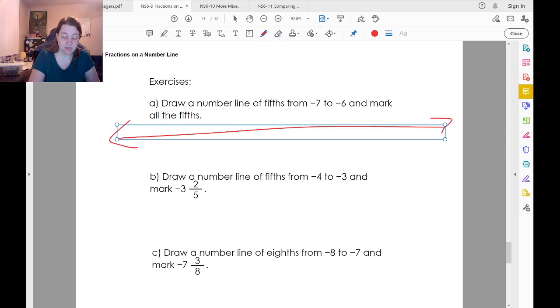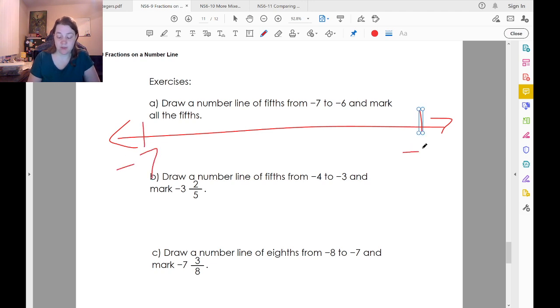I'm going to get rid of that little rectangle that shows up all the time. So we're starting at -7, going to -6. And we want this split into fifths. If I want to cut something into fifths, that means I need 4 lines. So we have our whole numbers.